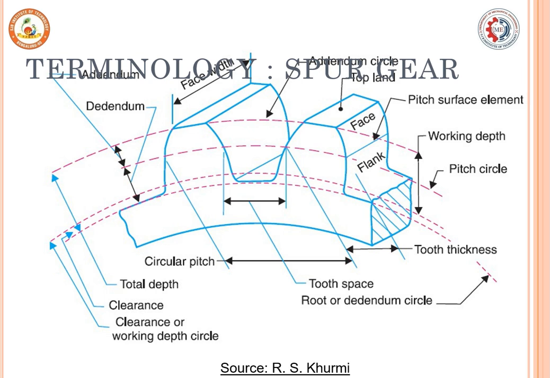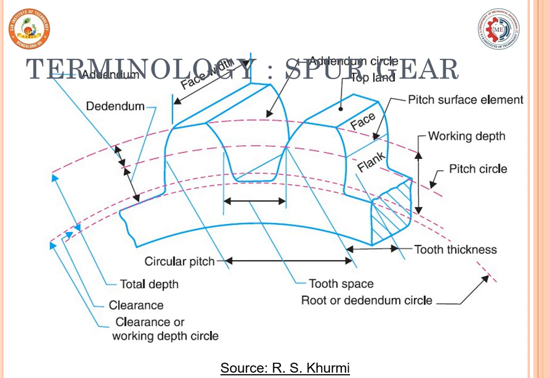When you come to spur gear terminology, this is the profile of a spur gear. In the spur gear there will be addendum and dedendum. The addendum is the top face, and the dedendum is the lower surface of the tooth. In between those two is the pitch circle, between the two tooth spaces. The top face is known as the top land.